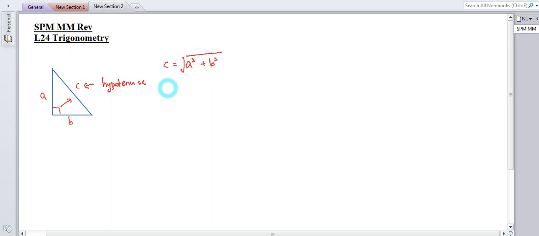If you want to find the length of a shorter side, a or b, you use c square minus b square, then you square root it. Same thing for b: c square minus a square, you square root it. So this is how we use the Pythagorean theorem to find the length of the side of a right angle triangle.